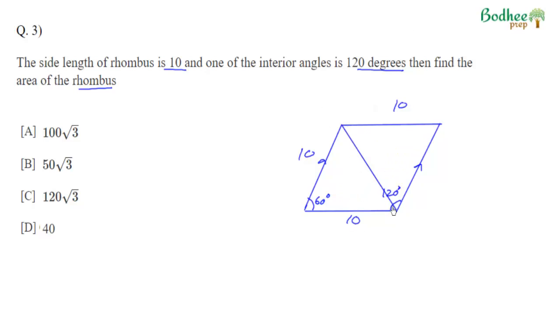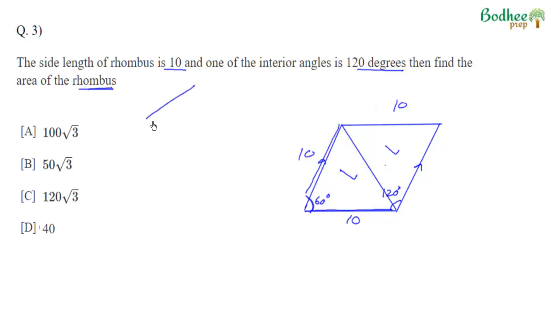Then this diagonal divides the rhombus into equal areas, right? Because both are symmetrical. So if I can find the area of this triangle, then we can multiply it by 2 to get the area of this as well. The addition of these two will be the area of the rhombus, correct? So we have reduced the question from finding the area of the rhombus to finding the area of this triangle whose one angle is 60 degrees and the including sides are 10.